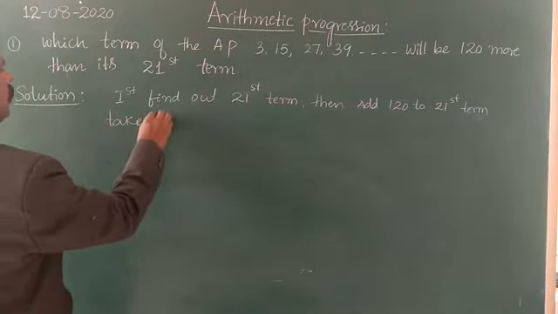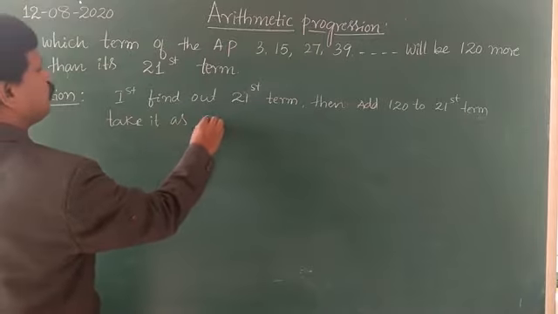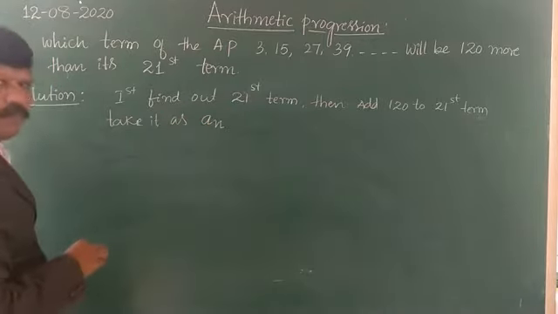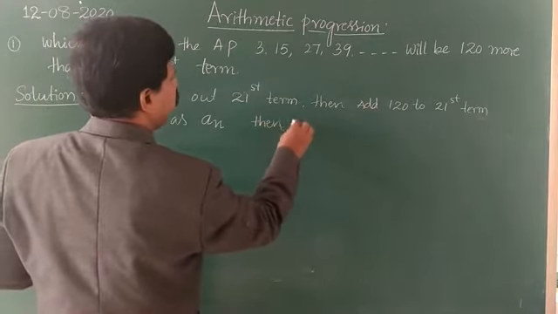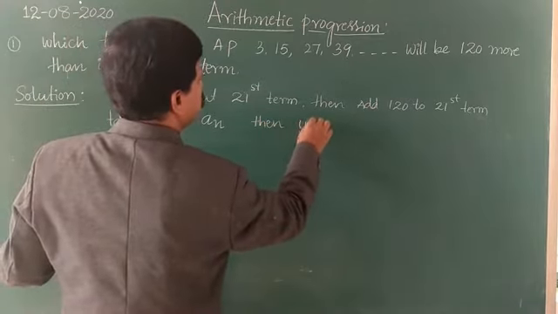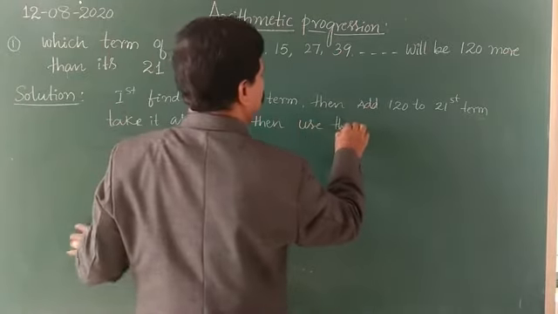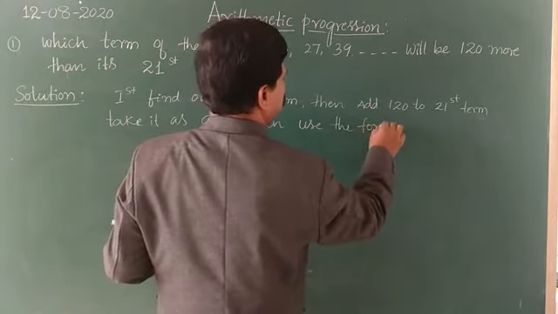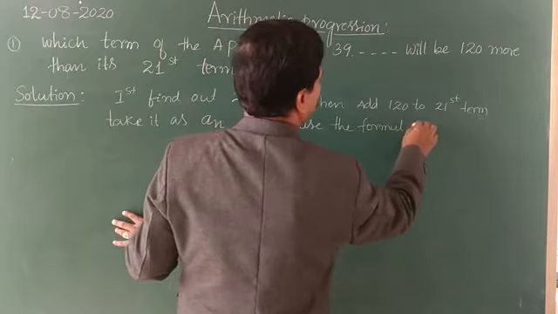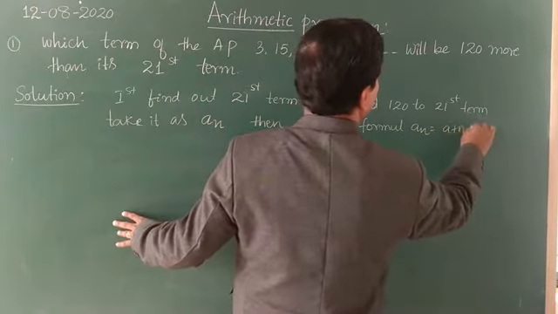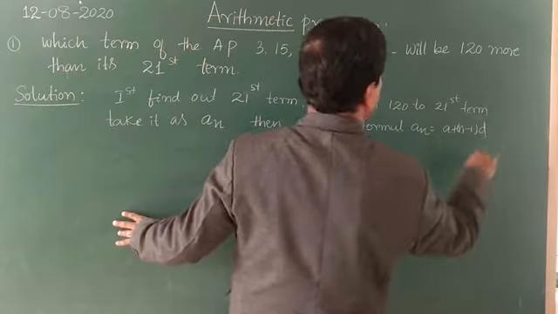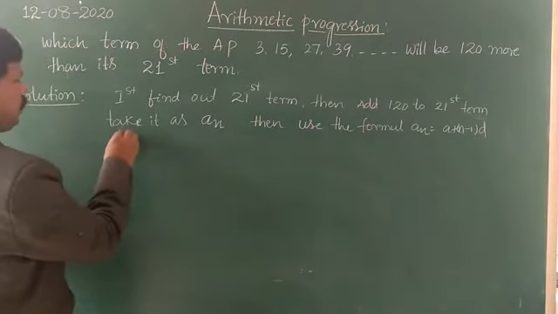This is the nth term of the first one. Similarly, capital An is equal to a plus n minus 1 into capital D. We should solve the problem like this. Understood?